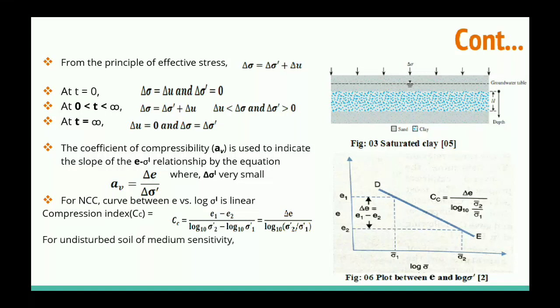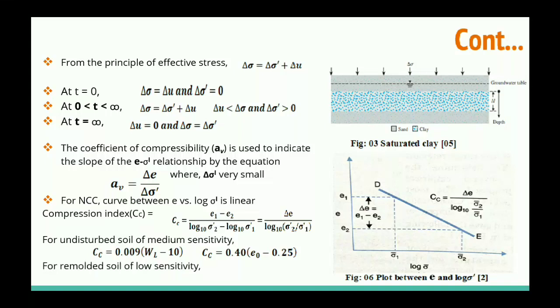There are some formulas we can use to calculate the compression index. For undisturbed soil of medium sensitivity, undisturbed soil meaning soil in its in situ condition, we can calculate the Cc value using WL, the liquid limit, or using the initial void ratio, where e0 is the initial void ratio.